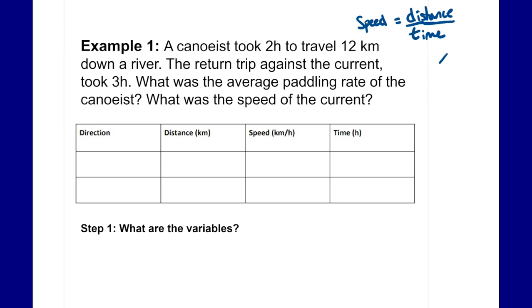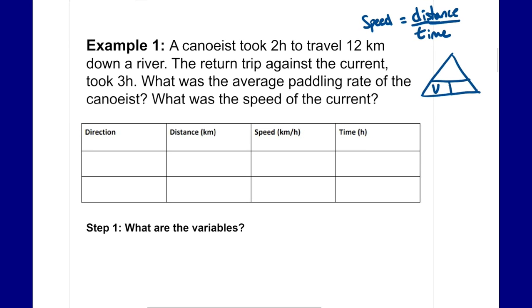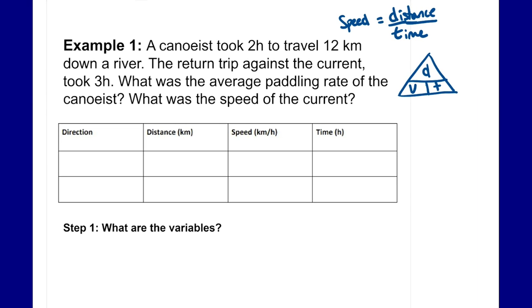Maybe you learned in science where we have speed or velocity is equal to distance over time. We have our little triangle, and we can use this to figure out other equations. How it works is you cover up what you want to find, and whatever's remaining is the formula. For example, if I want to find distance, I cover up distance, and I have speed and time together, so that would be multiplying.